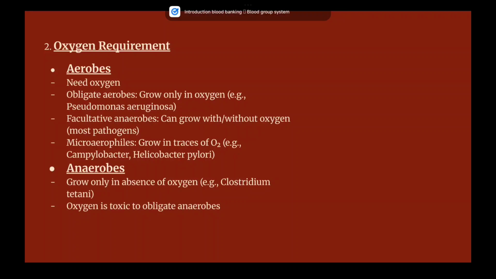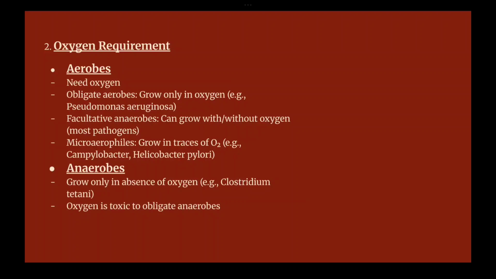If the oxygen is present or absent, it doesn't matter for them. Most of the pathogens are said to be facultative anaerobes. Microaerophiles are the ones which require trace amounts of oxygen. It is not that higher amounts of oxygen are required.